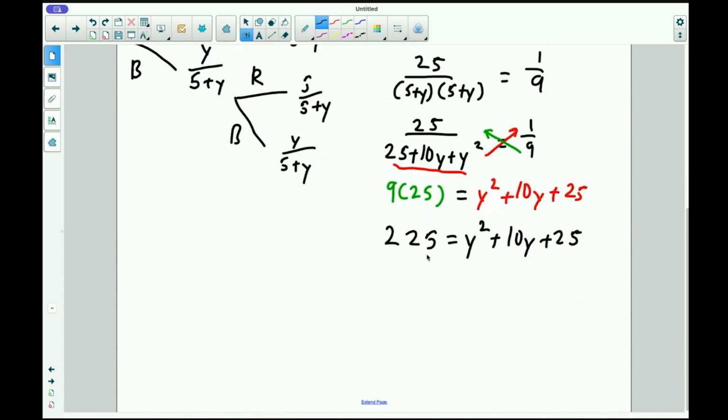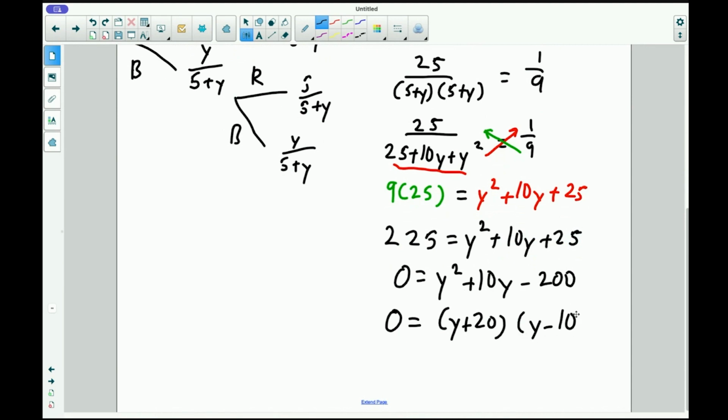We're going to subtract 225 from both sides. So we get y squared plus 10y minus 200. So we need two numbers that multiply to negative 200 and add up to positive 10. We know those numbers are going to be positive 20 and negative 10.